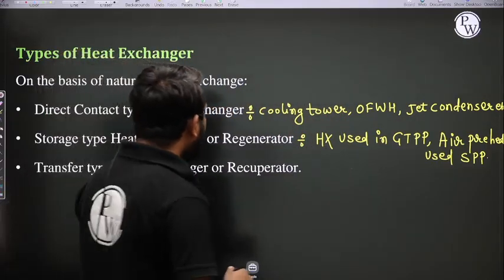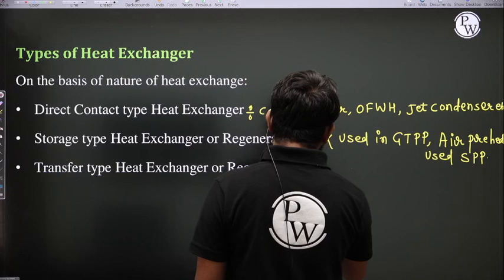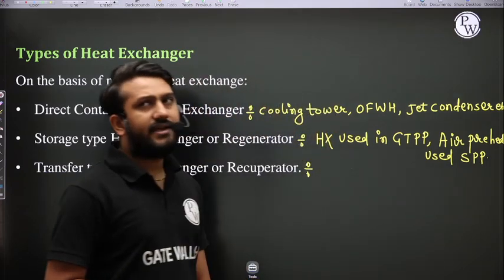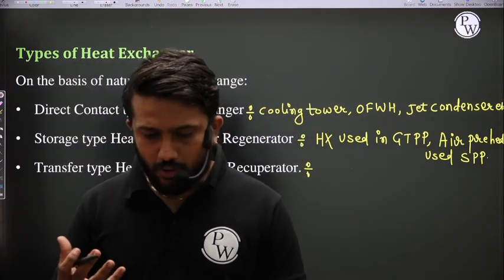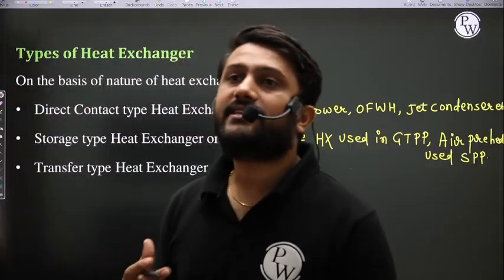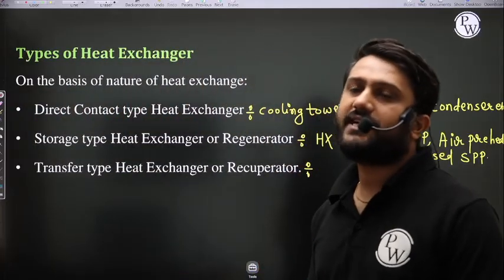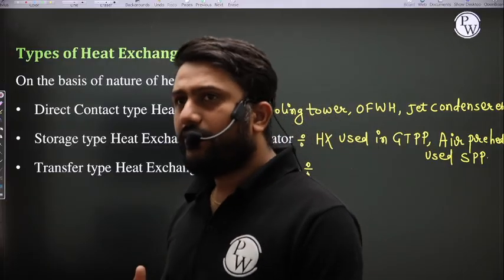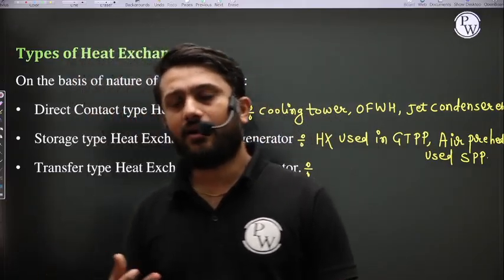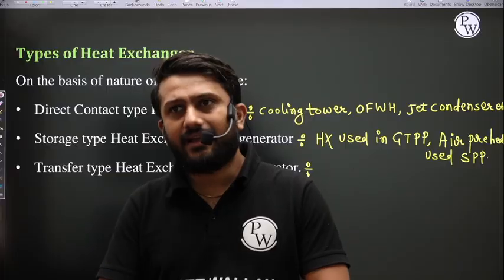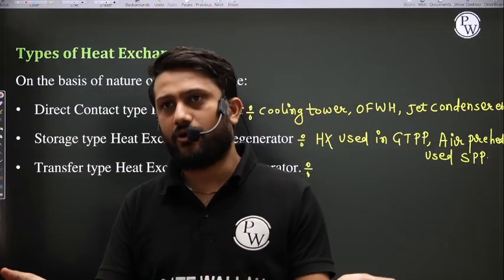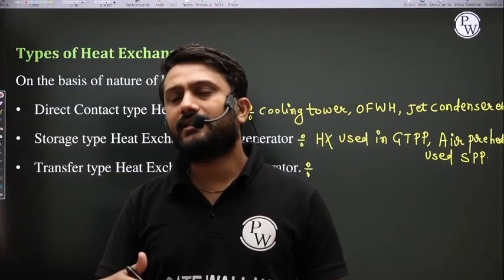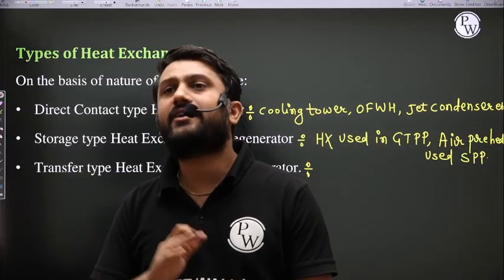Now next is the transfer type of heat exchanger or recuperator. See, in the transfer type of heat exchanger, or in the recuperator, the hot fluid and the cold fluid are in indirect contact, right? That is, not in direct contact.